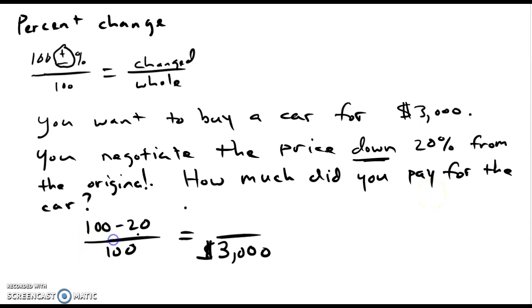Okay, so our variable is going to go to the changed price because that's after the 20% was taken off it. So we're going to put our variable here, and now we can see we know what to do because we've been practicing this for a while. We're going to cross multiply. So we've got the 3,000 times 100 minus 20, which is 80, is equal to 100x.